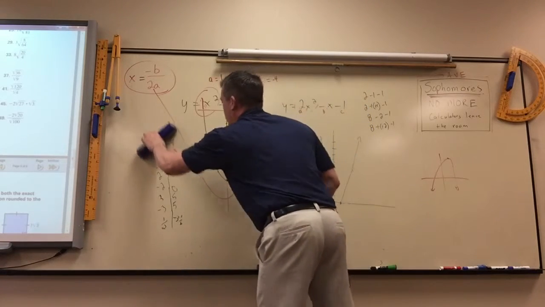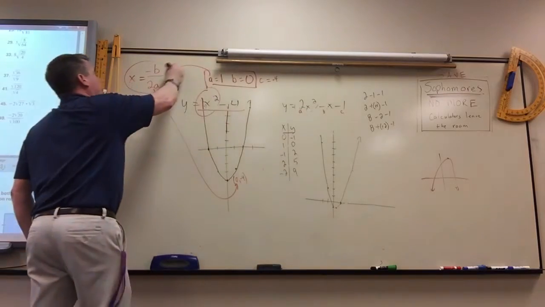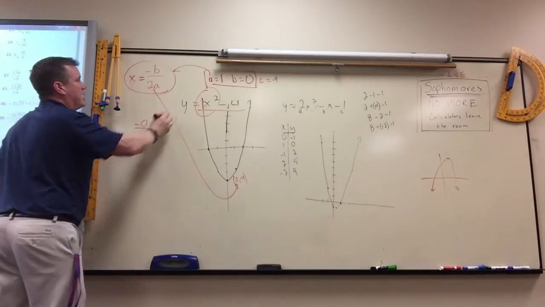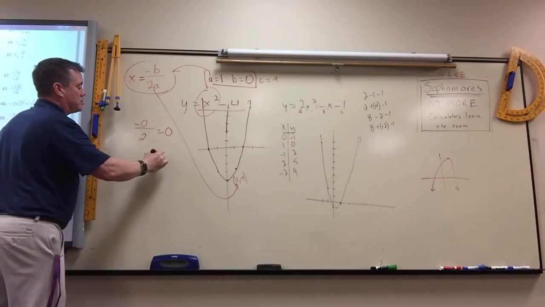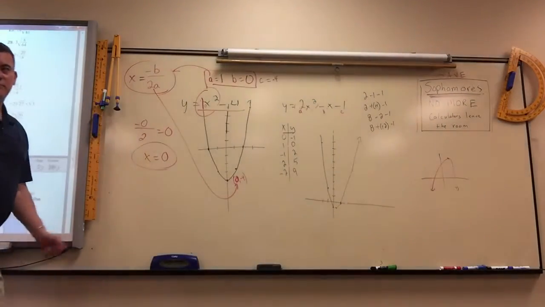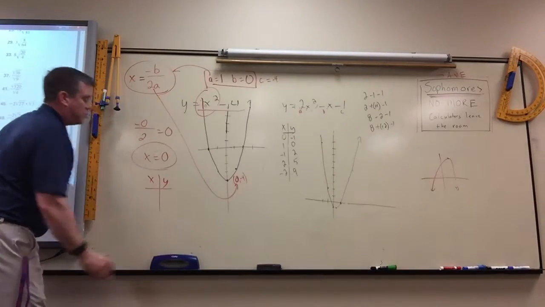So what you do is you take these two, plug it into this. Negative b is negative 0, divided by 2 times a, which is 2, is 0. That means x equals 0, which I already figured out. Then, all it's doing is telling you where to start.